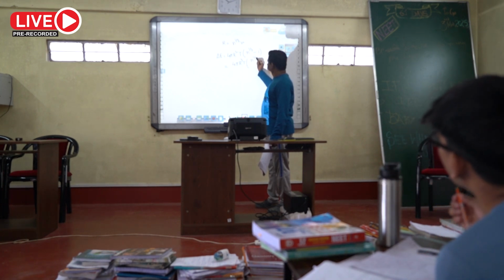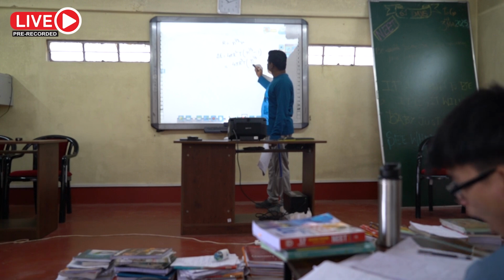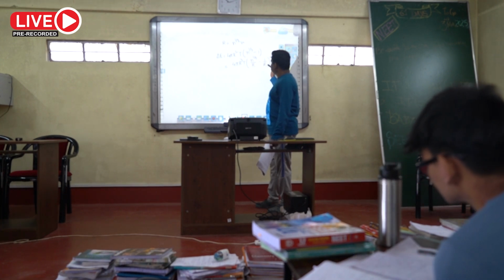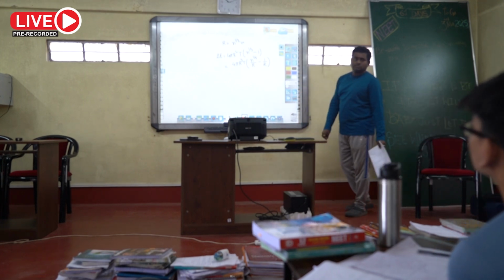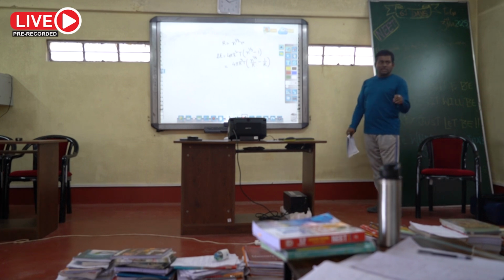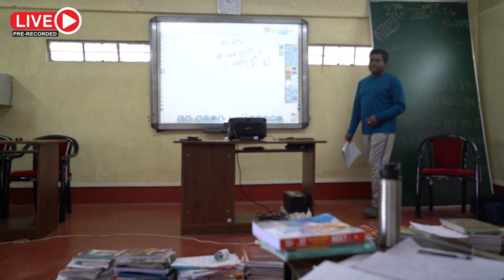So it will be n to the power 1/3 by r minus 1 by r. Multiply 1 by r outside and then 1 by r inside.